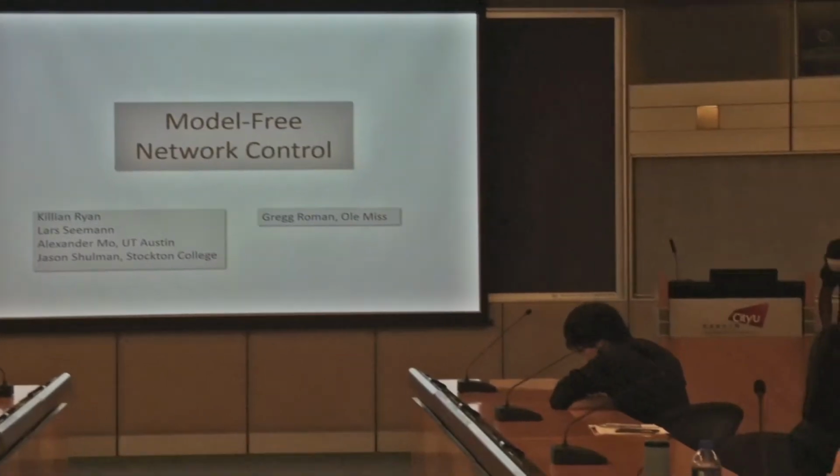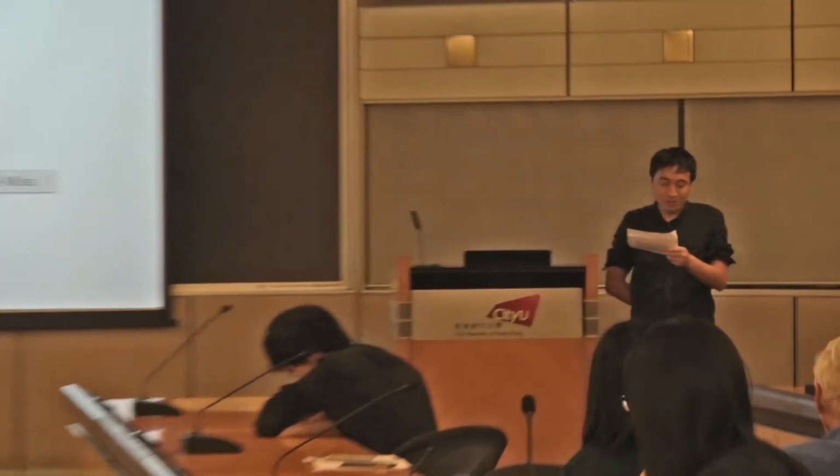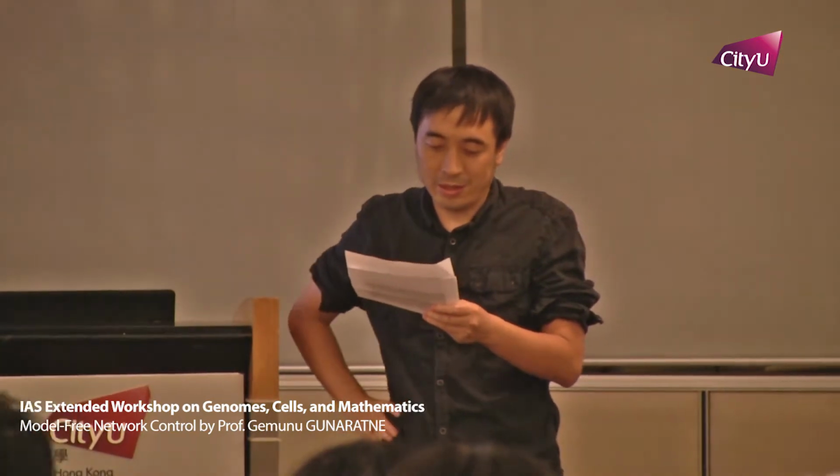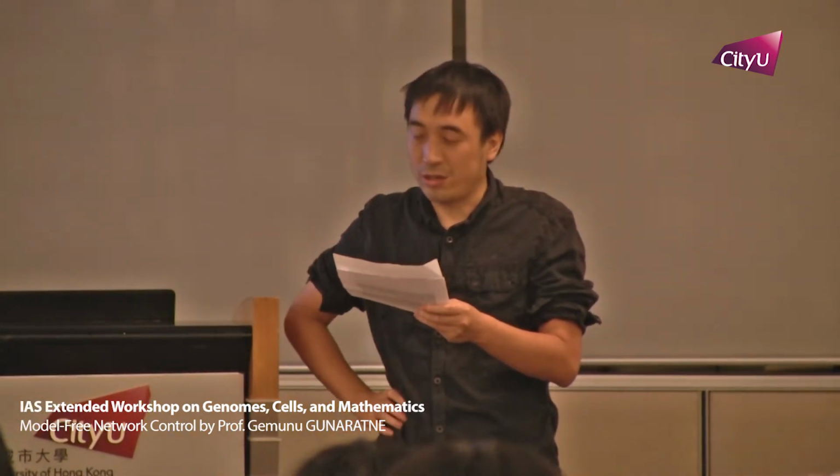The next talk is from Professor Gemunu Gunaratne, chairman of the Department of Physics at the University of Houston. He received his PhD from Cornell and conducted his postdoc at the University of Chicago.